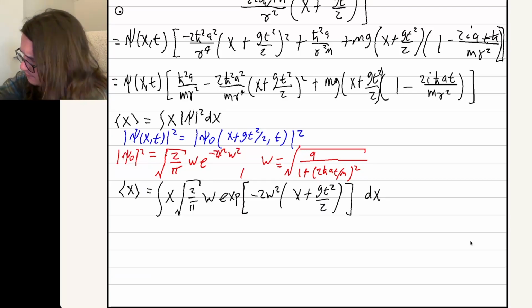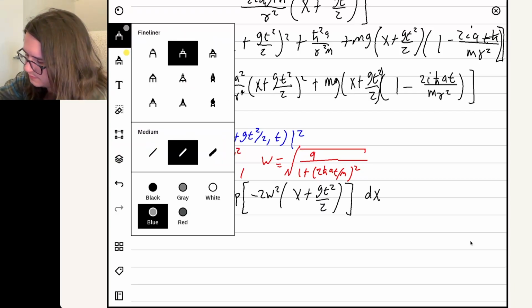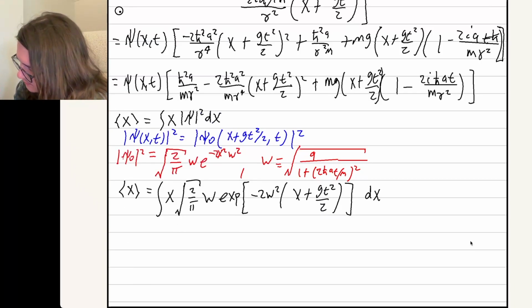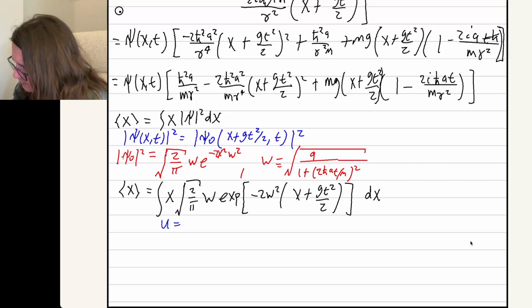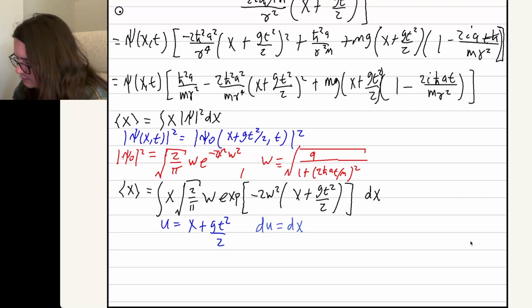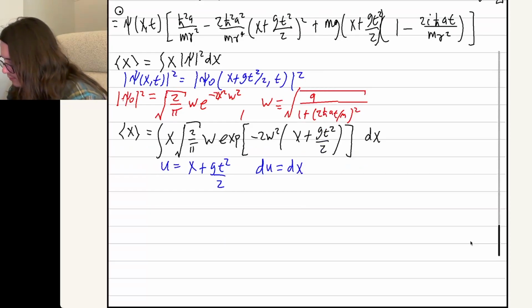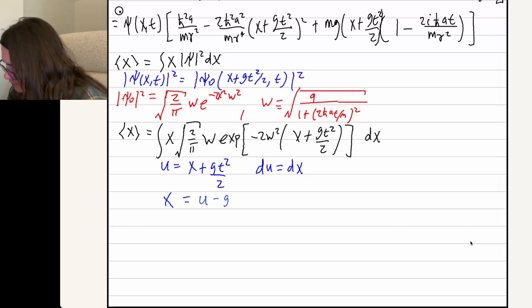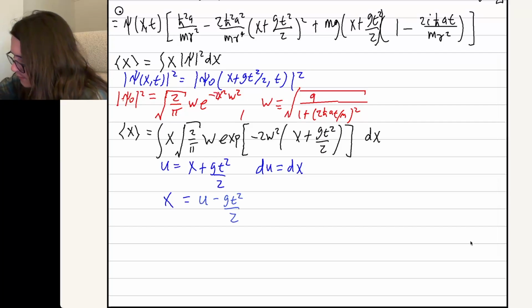And we're going to make a u substitution on that. So that u substitution is going to be u equals x plus gt squared over 2. du equals dx, so there's no need to change differentials. But we will need to get a new expression for x, which is going to be u minus gt squared over 2.